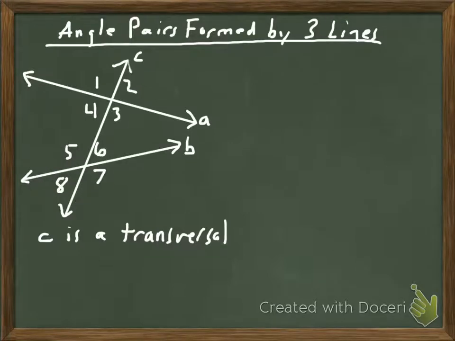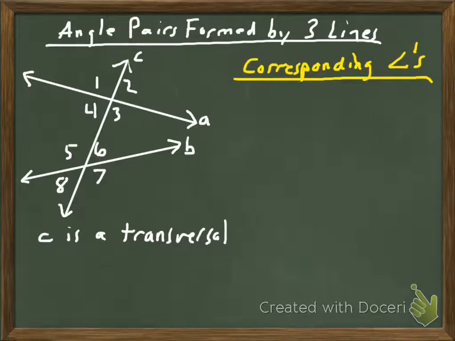Well, there's several names that you've got to know, as I told you, and let's start going through the list. The first type of angle pair I want to talk about that's formed when three lines intersect, or when two lines are cut by a transversal, are what are called corresponding angles. The thing about corresponding angles that makes them corresponding angles is that they are angles in corresponding positions at the two intersections formed by that transversal with those two lines.